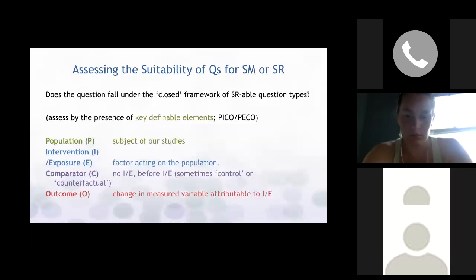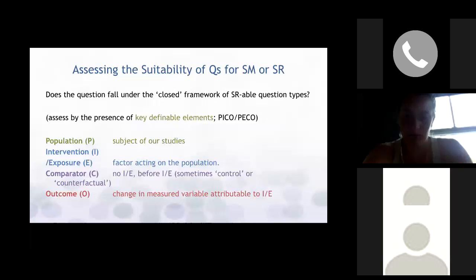So you can imagine that a descriptive study that describes, say, the state of an ecosystem does not necessarily have a comparator. It's describing a state with no comparison of time or space, et cetera. So your comparators can be either no intervention and no exposure compared to when there is an intervention and exposure.